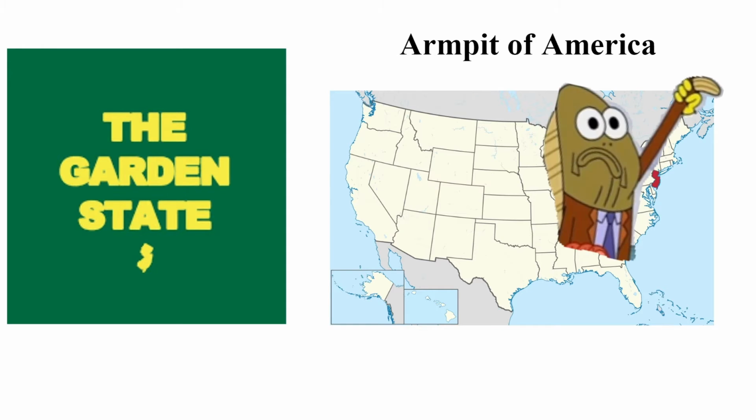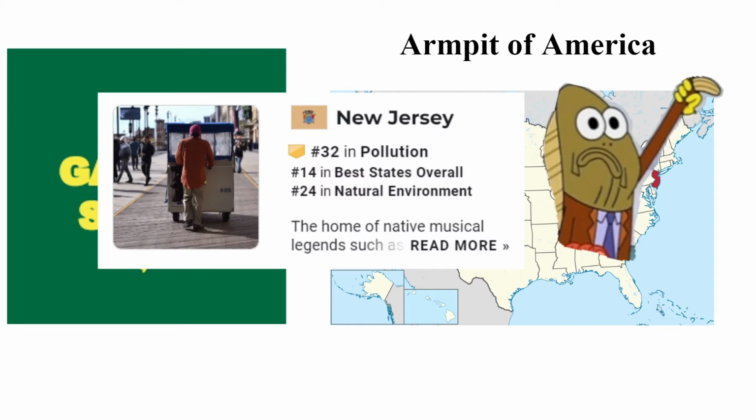But also because it kind of looks like an armpit if you look at where it is on a map. However, you'll be surprised to hear that U.S. News actually ranks New Jersey 32nd in terms of pollution. So they're not even in the 10 worst states. And if you go look up what those 10 worst states are, they will surprise you. A lot of them are very rural, low populated states, probably with lots of industrial pollution.